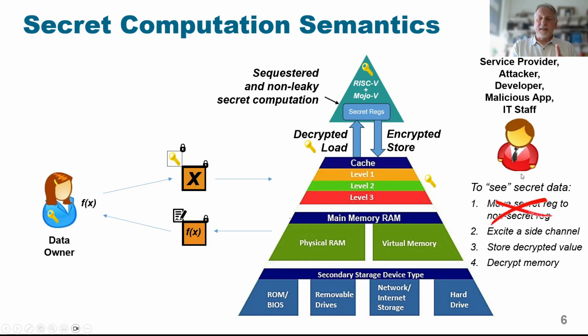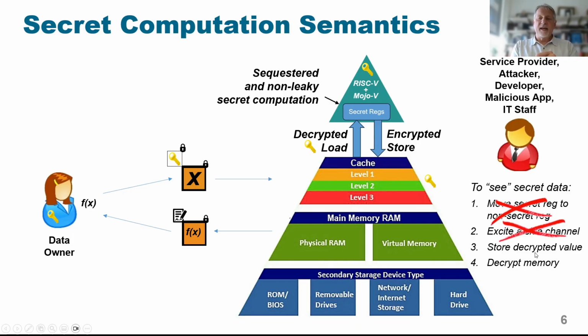Alternatively, this person needs to take a secret register value and create a behavior in the program running that he can recognize and know what that value is. And I'll show you on the next slide that the secret register computation is forced to be data oblivious. There are no behaviors that can be seen by him. So he has no idea, no matter what program he writes, what that value is.